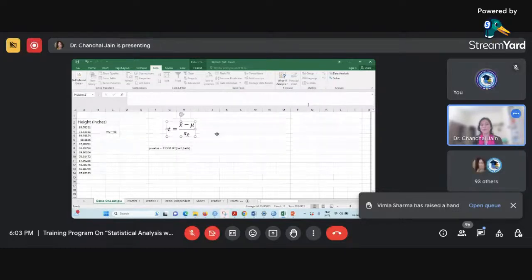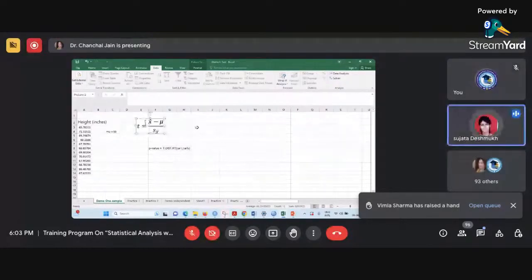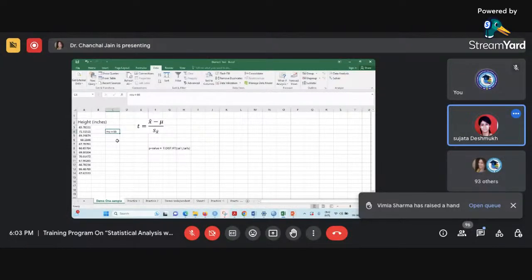This is the case of the one sample t-test, so you need to assume something. Here, suppose this is the data of the Prestige students, and I want to see whether on average the height in Prestige is around 66 inches. These are the heights of 12 different students. Now we want to see how we can perform the t-test using Excel.